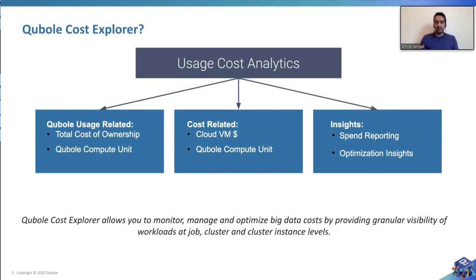For the usage part, with Cost Explorer we provide you the total cost of ownership, and that is also in the units of Qubole compute units. With respect to the cost, it's the cloud VM dollar cost which you spend. We take the list price and calculate how much money you're spending on the VM basis within the cloud.